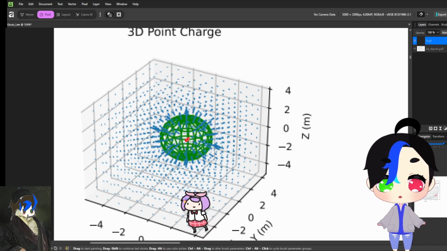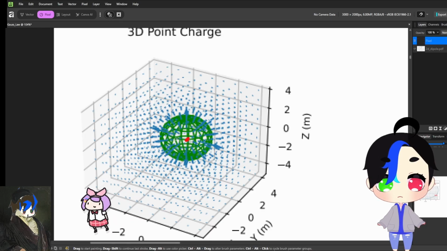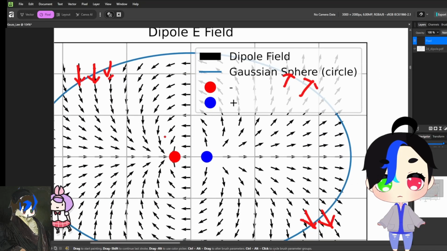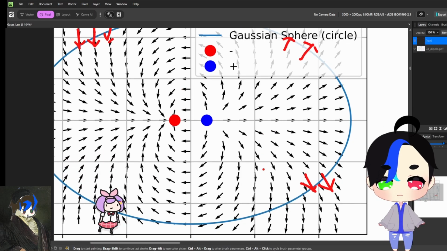That tracks with the net electric charge that you had inside that surface that you drew. Whereas down here, the net charge enclosed by this circle is actually zero, because the positive and negative cancel each other out. And that corresponds with the fact that our flux integral ends up being zero.